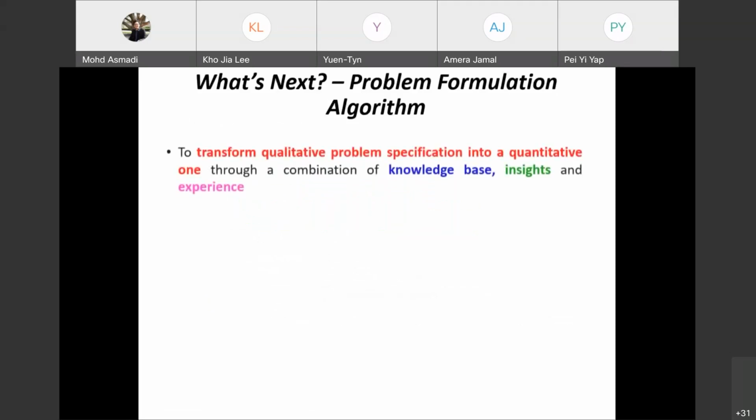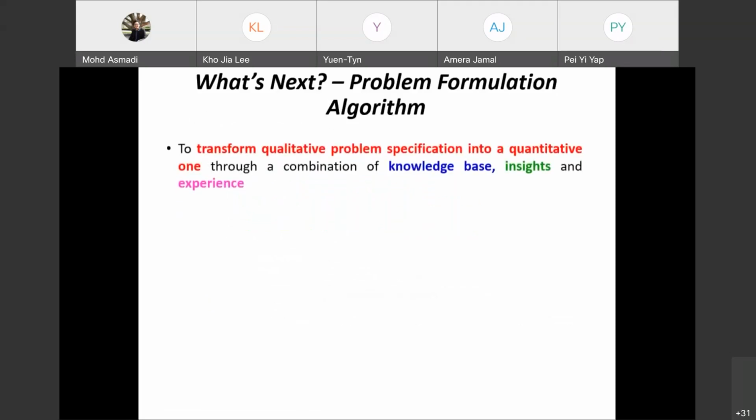So if you look at here, what's next for the problem formulation algorithms? The objective of the problem formulation algorithm is actually to transform the qualitative problem specification into a quantitative one through a combination of knowledge base, insight, and also experience.